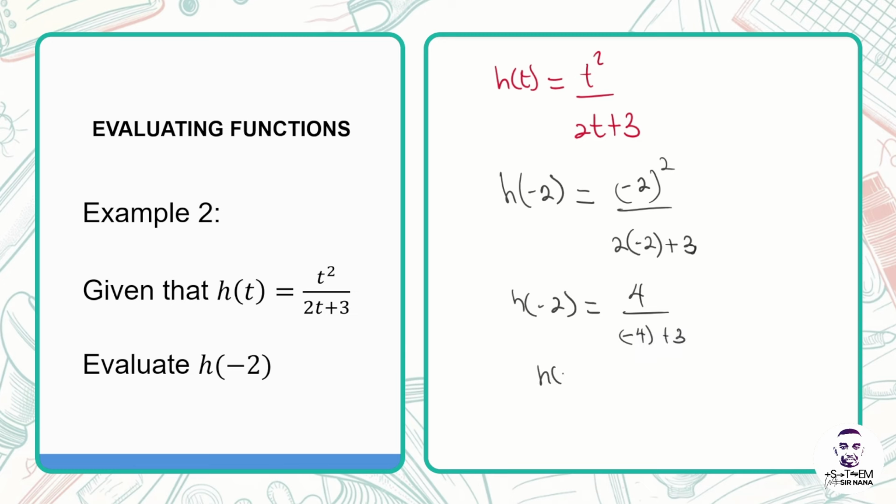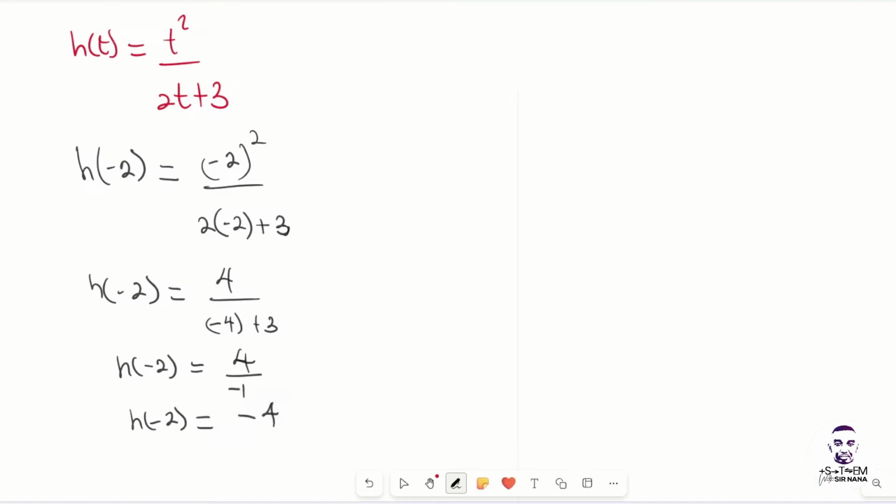So h of negative 2 will be equal to 4 all over negative 4 plus 3, which gives us negative 1. And when we evaluate this, h of negative 2 will give us negative 4. So this implies that a member of the domain, negative 2, when put into the function h of t, which is t squared all over 2t plus 3, gives us a range which is negative 4.